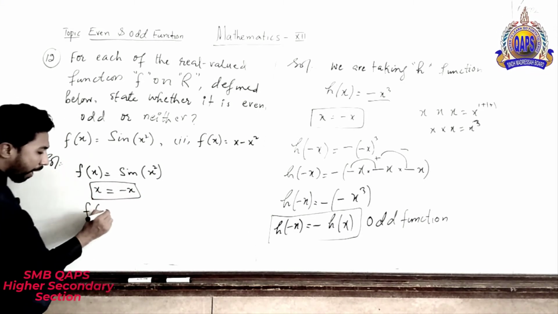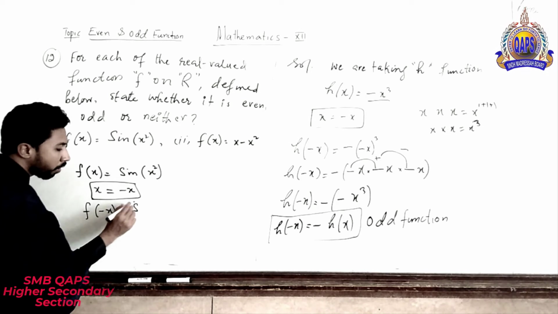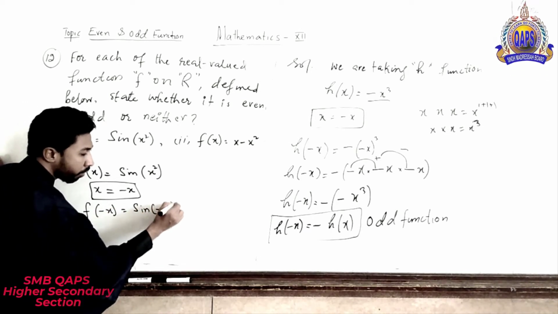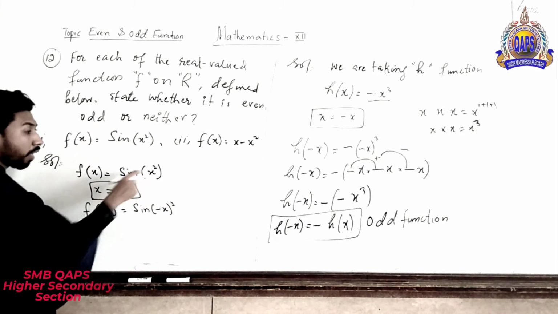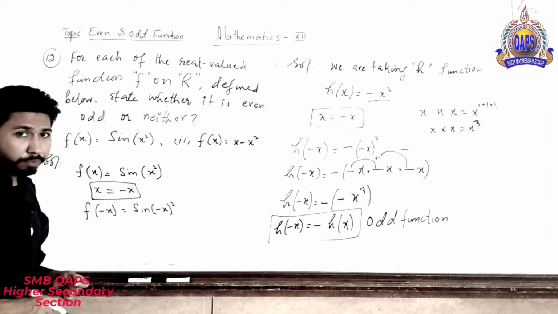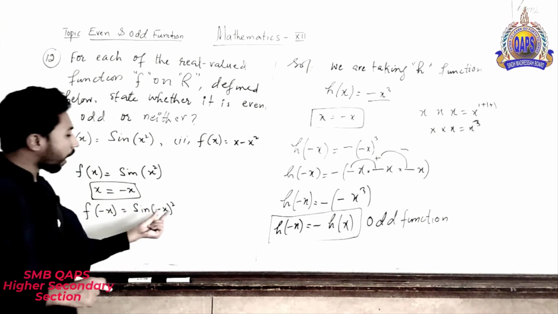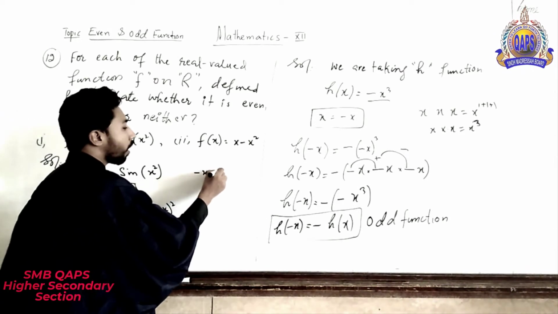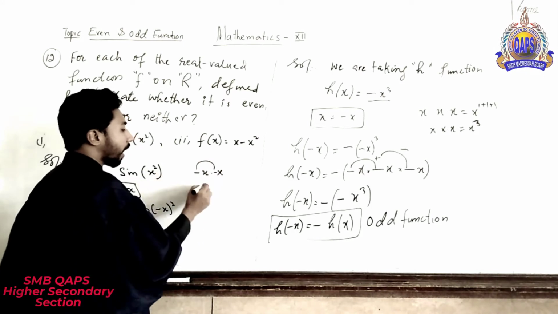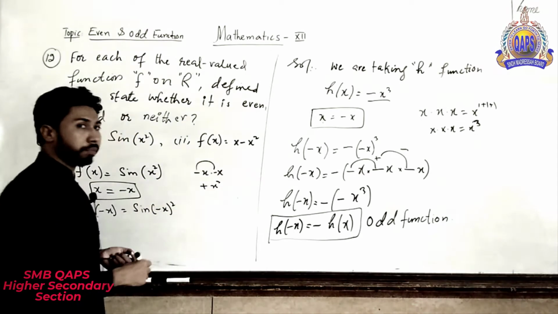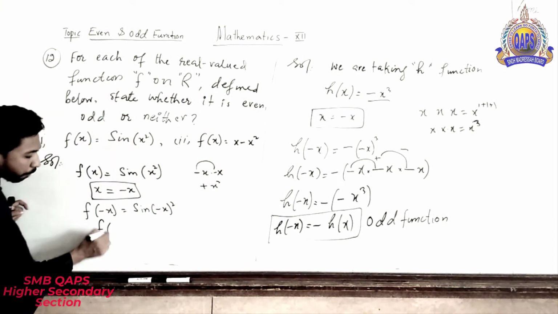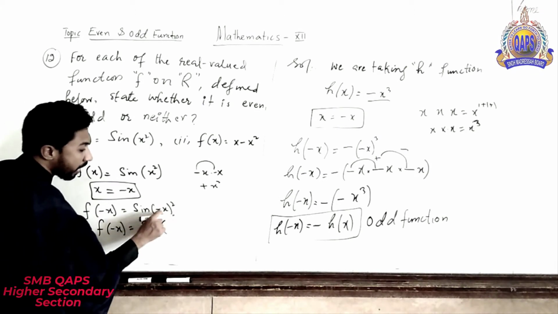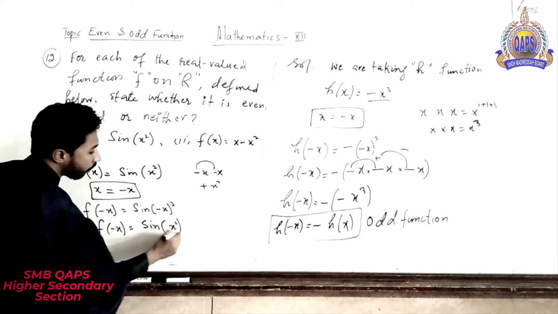Now f of minus x is equal to sin of minus x whole square, because there is a square. If we find the negative x square, it is multiplied two times, so minus minus plus x square. So f of minus x is equal to sin of positive x square.